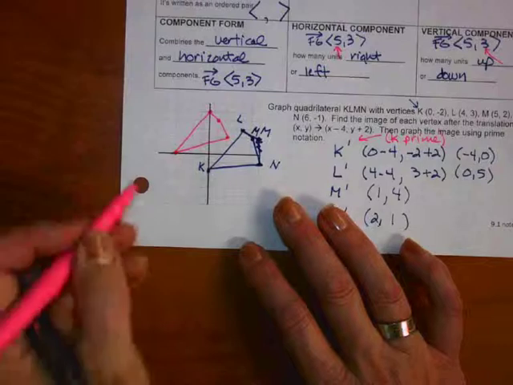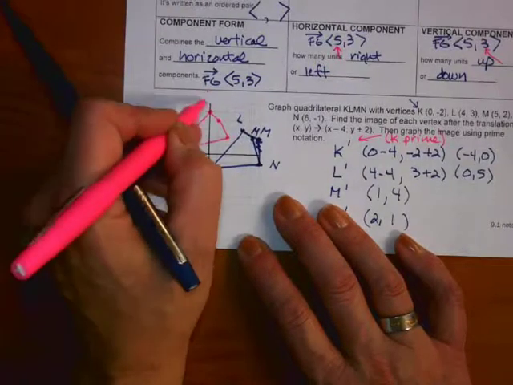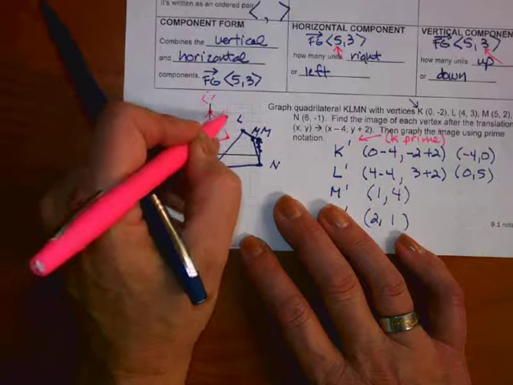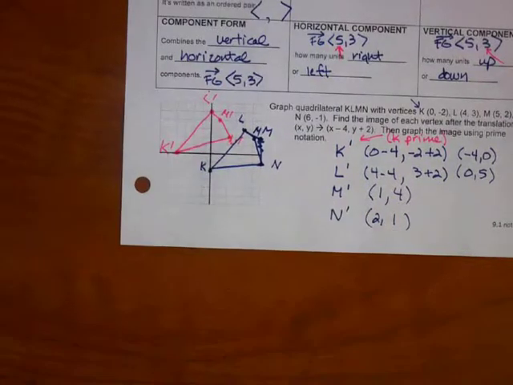So you really should get the same looking kind of thing. So this is K prime, and then label it L prime, M prime, N prime. And you just translated it. My first translation. Mine's a hot mess, but that's okay. It looked better earlier. So that's doable, right?